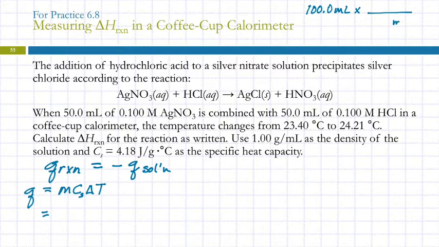So I've got milliliters in the bottom because I want that to cancel out, and grams on top. So the density is 1.00 grams per milliliter. So 100 milliliters is 100.0 grams. Okay? So the mass of the solution is 100.0 grams.